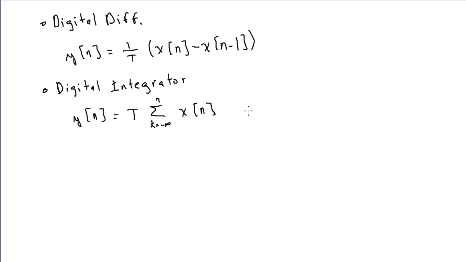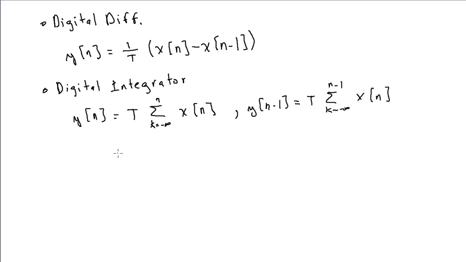I can actually write this in a slightly different form. y of n minus 1 would be equal to, I'm just going to substitute n minus 1 for n, T times the sum from k equal minus infinity to n minus 1 of x of k.